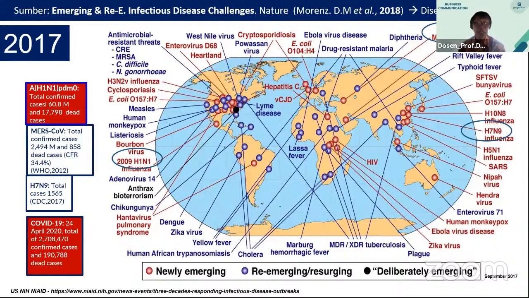The red ones are newly emerging infectious diseases, like H1N1 in 2009, and now Ebola, which we still have in African countries, and COVID-19 worldwide. 215 countries have a problem with COVID-19, and then re-emerging infectious diseases like rabies and Lassa virus, which are still a problem.